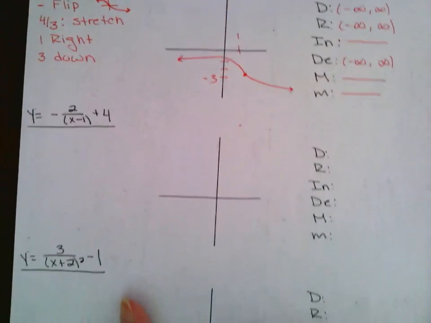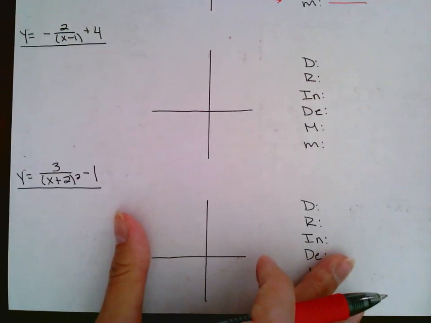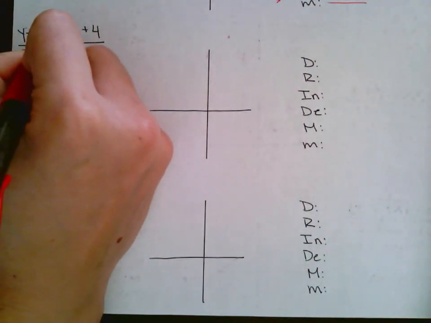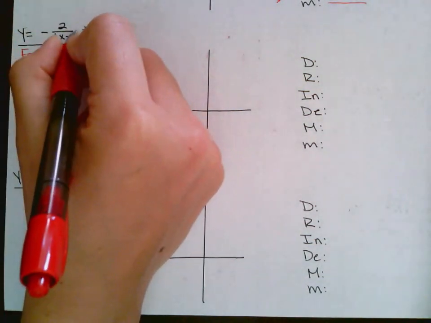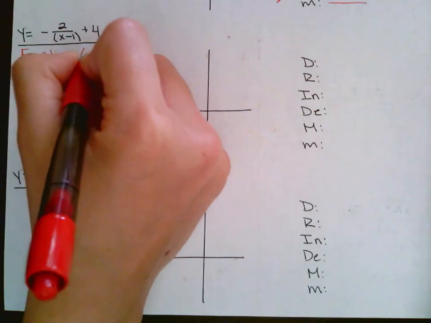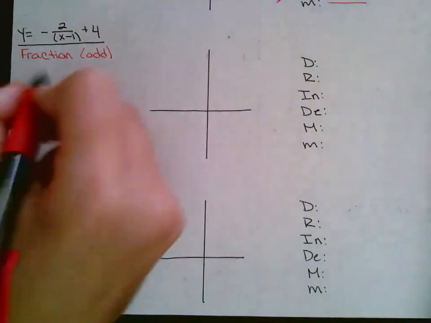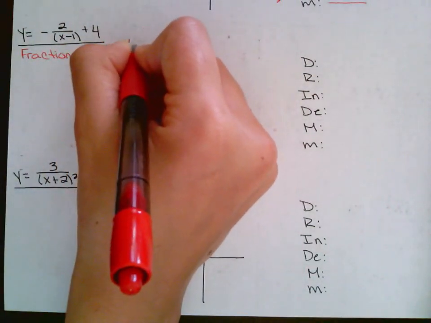All right, last two, we have our fraction functions, our rational functions. Okay, so we see a fraction, right? And the exponent up here is 1, so this is an odd fraction, which means it's going to be on opposite corners.